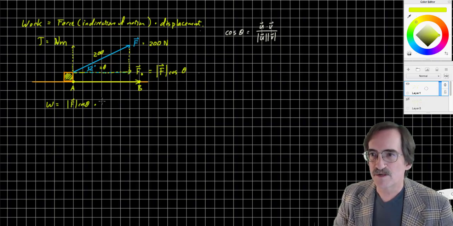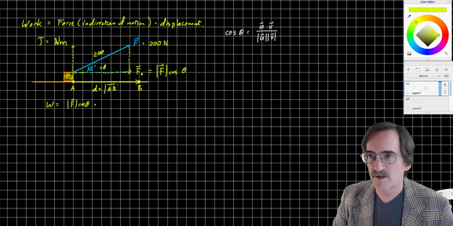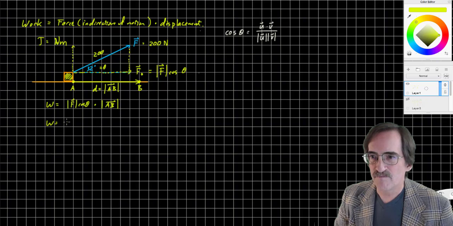And so I'm going to indicate the distance between A and B as the magnitude of the vector between A and B. And let's clean this up a little bit here. So work is the magnitude of the force, times the distance that you're moving it through, times the cosine of theta.